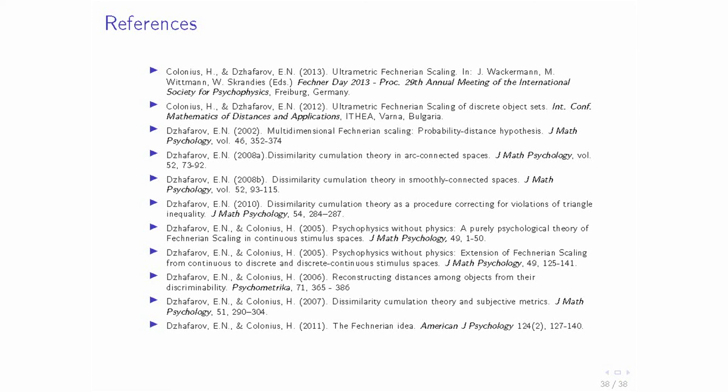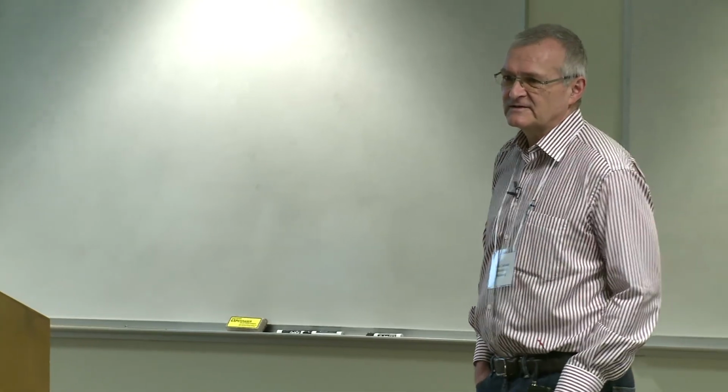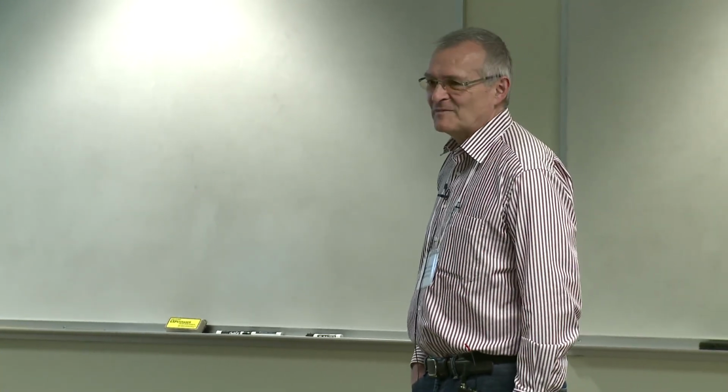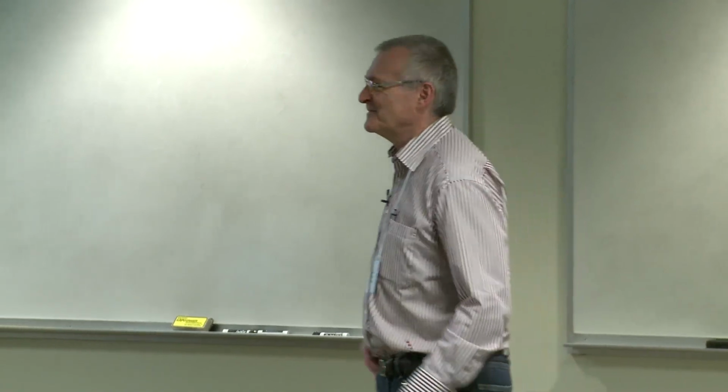Unfortunately, this paper was more or less ignored, as I found out in a recent meeting of the Society for Psychophysics. Even the historians didn't have a look at this, so we try to publicize it a bit more. Okay, thank you very much.